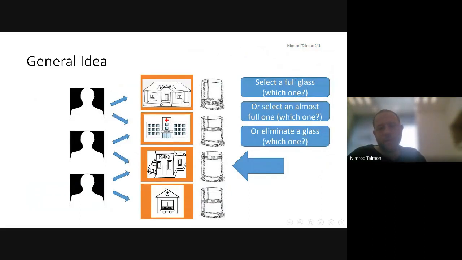And now basically what we have, we can start the algorithm, and the algorithm starts where we are looking at the glasses. So some of the glasses will be empty. So for example, if no voter gave any support to school, then this glass will be empty.